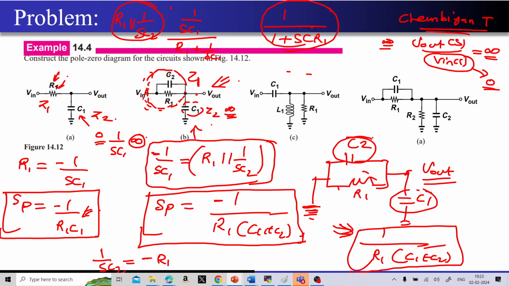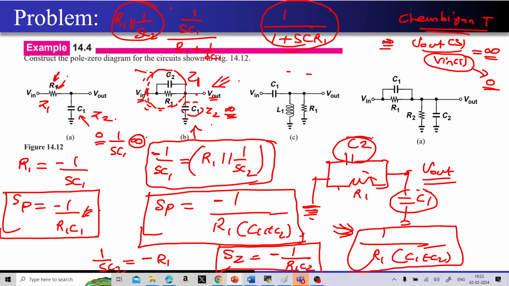And since there is a disconnect between the V in and the V out, the V out will be just equal to 0, because V in is not able to connect to the V out through any path. So the value of the 0 will be nothing but minus 1 upon R1 C2. I hope that is clear.